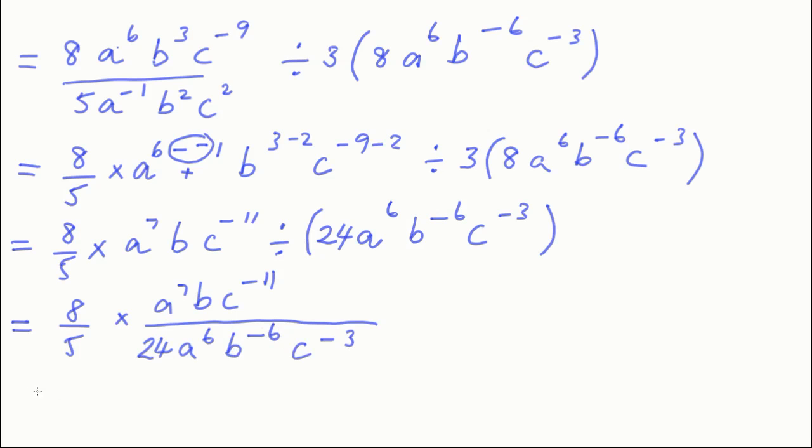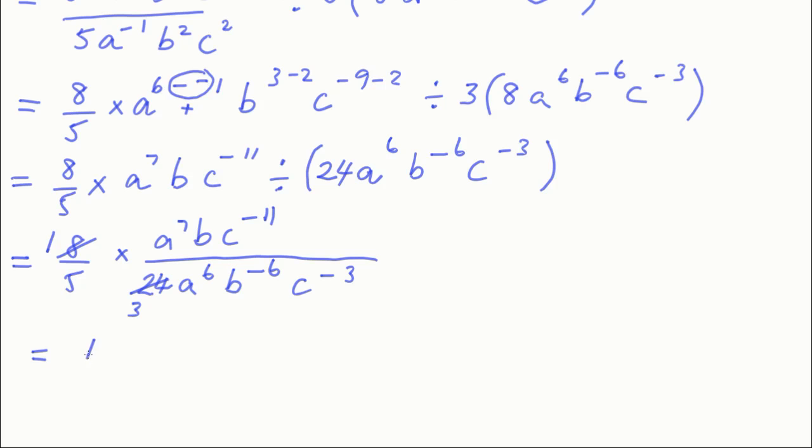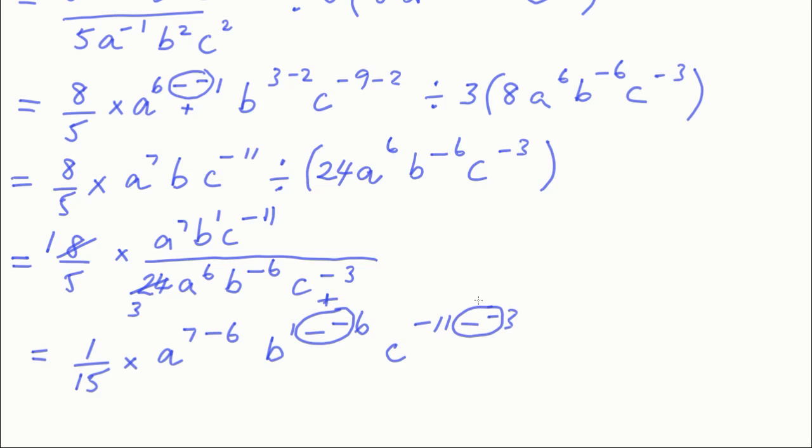and then we can cancel: 8 into itself goes once, into 24 it goes 3 times. So on the top we've got 1, and on the bottom we've got 5 times 3, which is 15, times by, and now just doing what I did before, so a to the 7 minus 6, because we're dividing by a to the 6, b to the 1, and remember that's a 1 on that b, to the 1 minus minus 6, and then c to the minus 11 minus minus 3, and make sure that's a plus, and make sure that is a plus also.